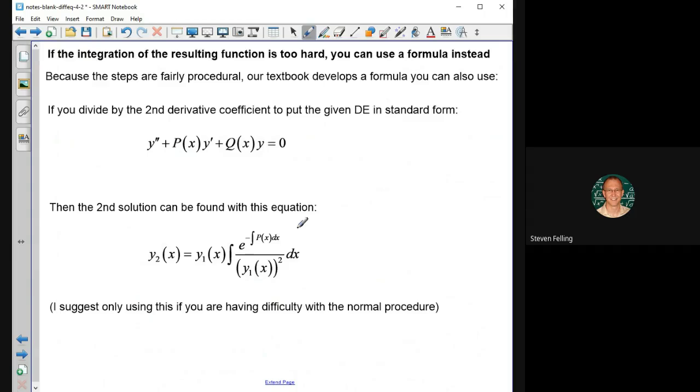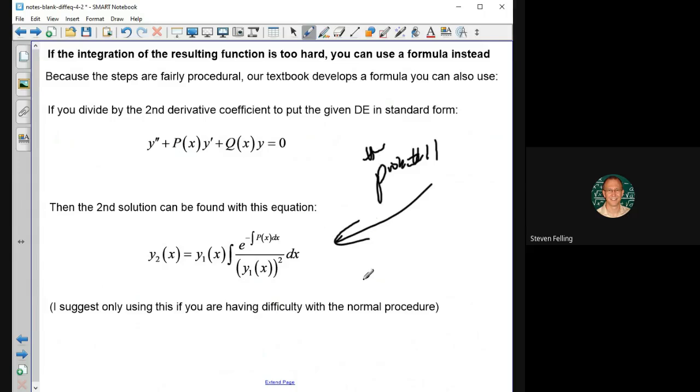So on problem number 11, if you want to use this formula, that would probably be better than trying to do it by hand. Try to do it by hand so you can see why it might be necessary. And then when you get to a point where you're like, okay, this is crazy, then resort to the formula to get the solution. All right, that's it for 4.2.